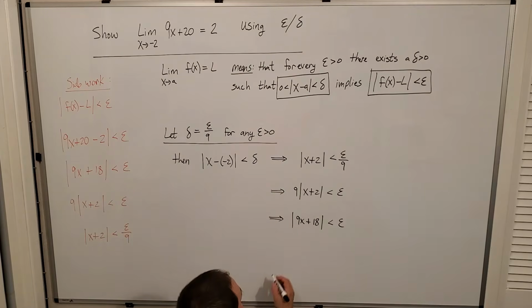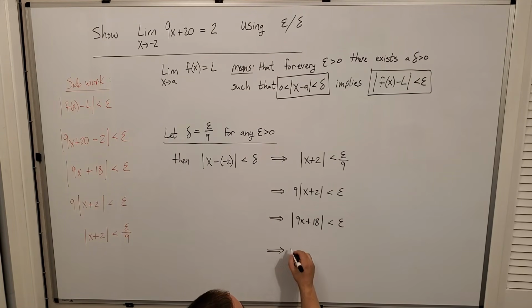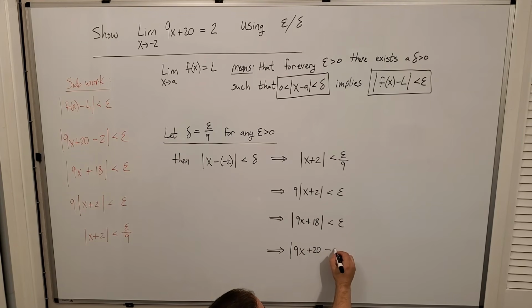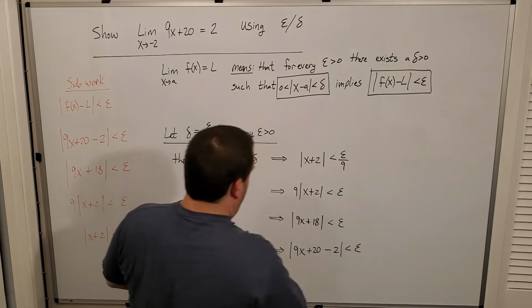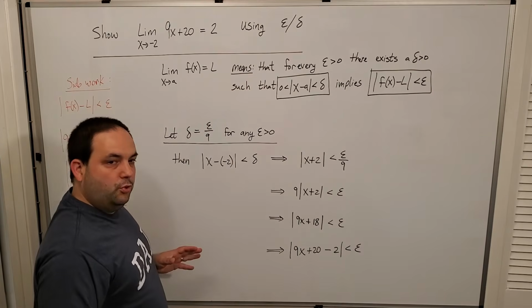And then I just take one further step here and imply that the absolute value of 9x plus 20 minus 2 is less than epsilon. Okay, so that pretty much proves it right there.